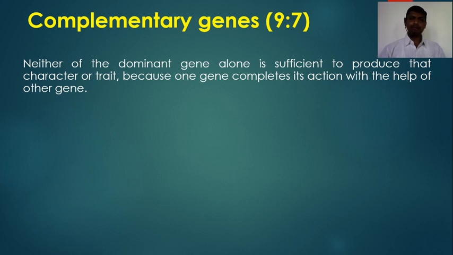So the help of one gene is required by the other gene. These two dominant genes should be present in the individual, and only then can it produce that particular character or trait. Both genes are required to help each other, and only then can they complete their action to produce the entirely new phenotype.